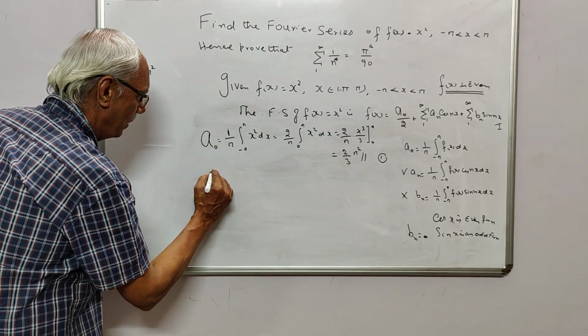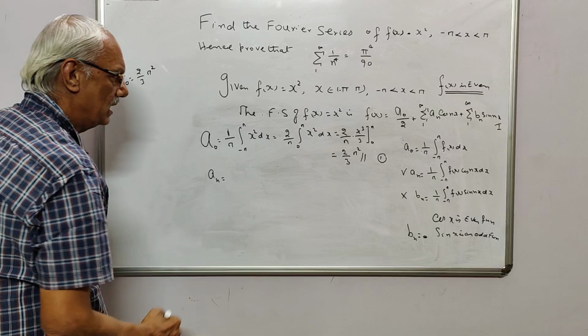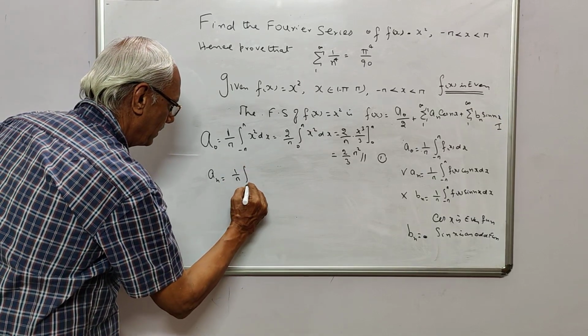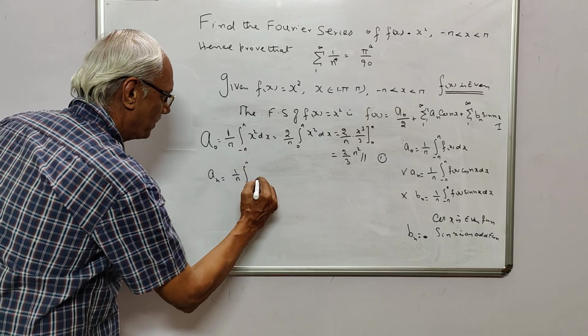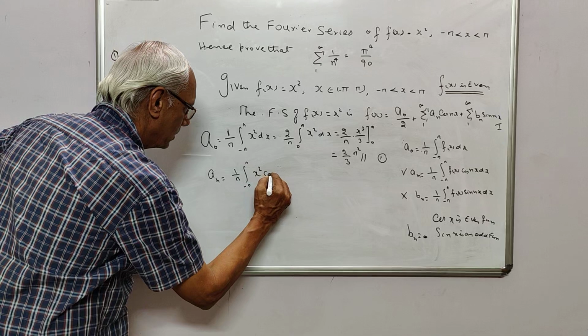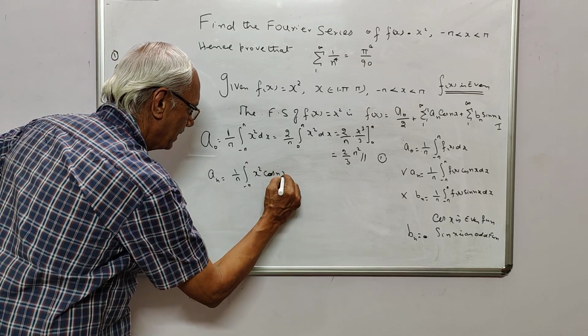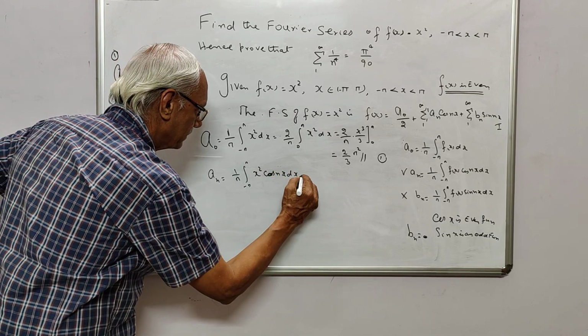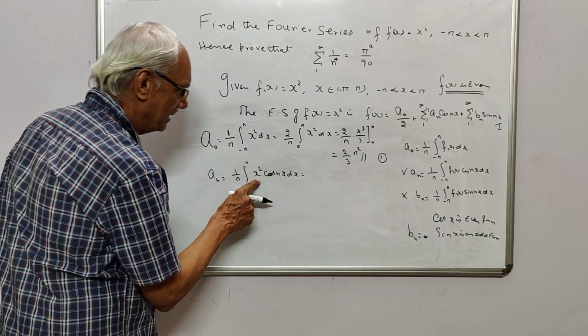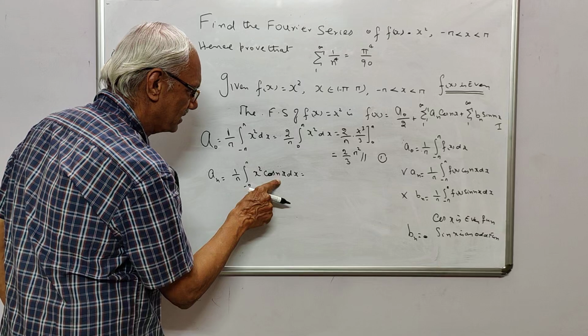Then what is your An now? An is equal to 1 by pi, minus pi to plus pi, x squared cos nx dx. Again, this is an even function.